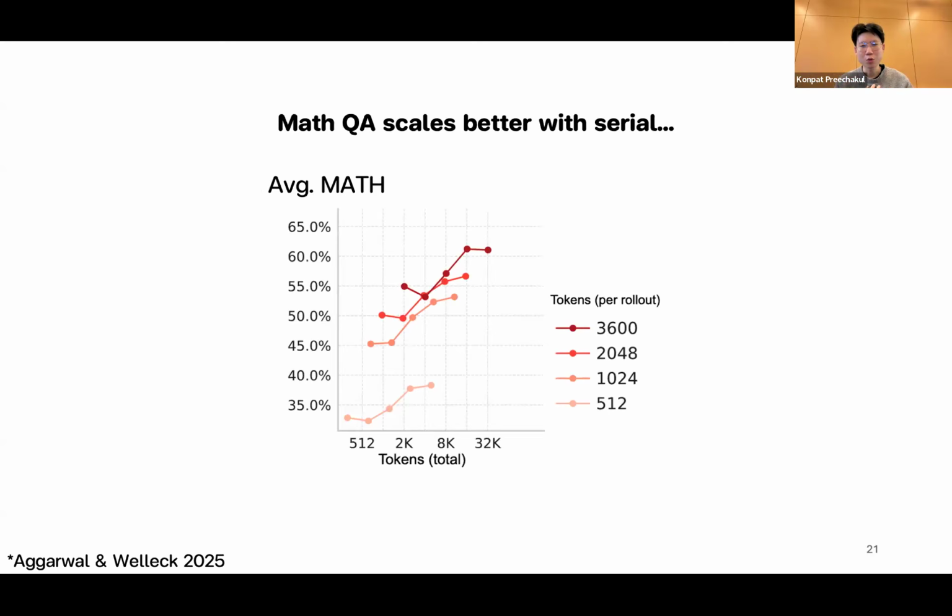This plot shows the number of tokens on the x-axis and the average performance across math benchmarks on the y-axis. If you scale in parallel, so basically you do majority voting, you get this curve. And if you do serial scaling, you get another one. So this shows that serial scaling scales a bit better on math benchmarks.